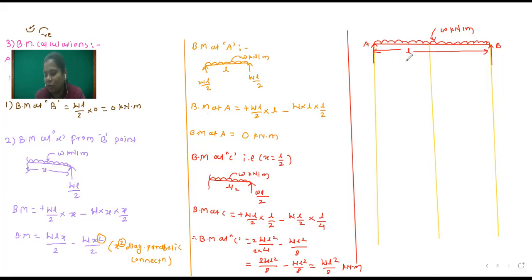So for this, we have to draw the shear force diagram. So shear force at A point is equal to how much? Shear force at A. Okay, you observe here.